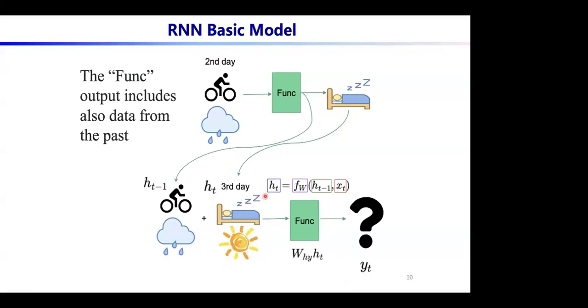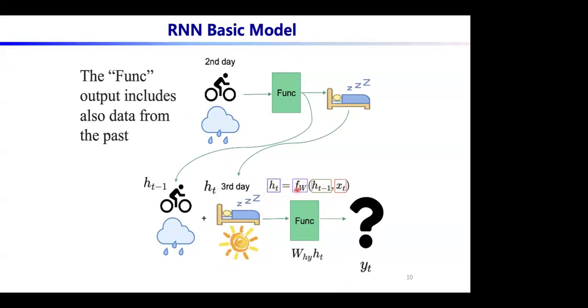So in order to build such a historical arm of the network, obviously that arm should include the influence of the previous history as well as the current history, right?